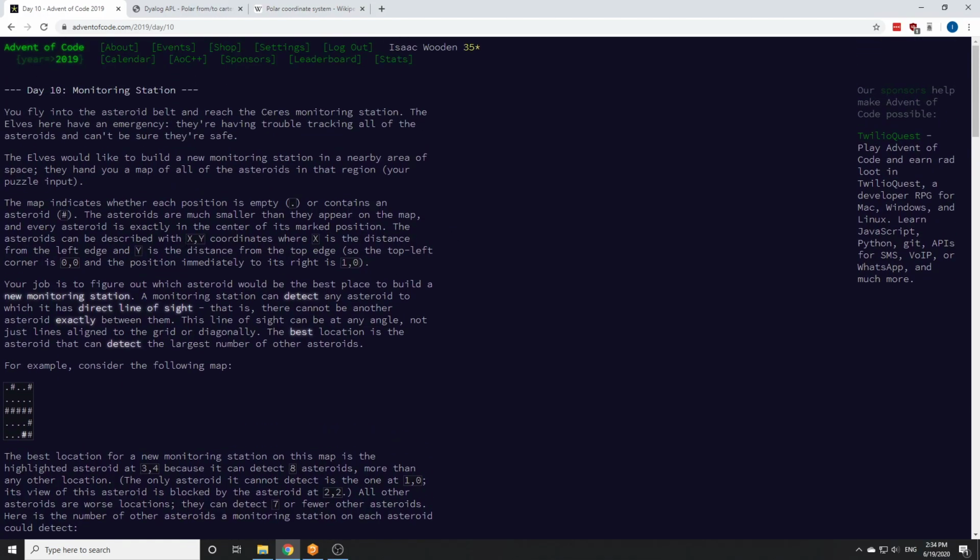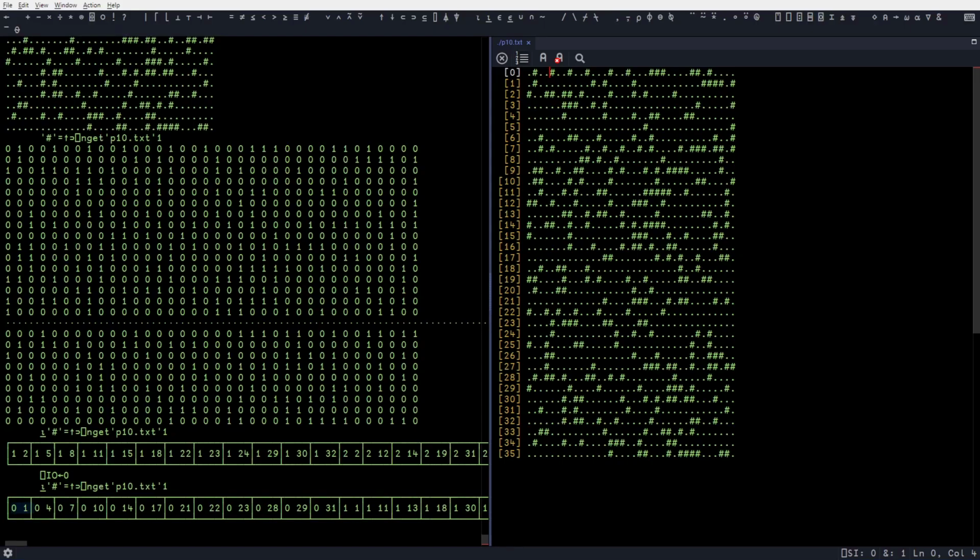that this calls for xy coordinates, where x is the distance from the left edge, and y is the distance from the top edge. And you can see here that we're sort of operating under yx coordinates, where the first number is the distance from the top, and the second number is the distance from the left edge. I'm not going to fix this right now.